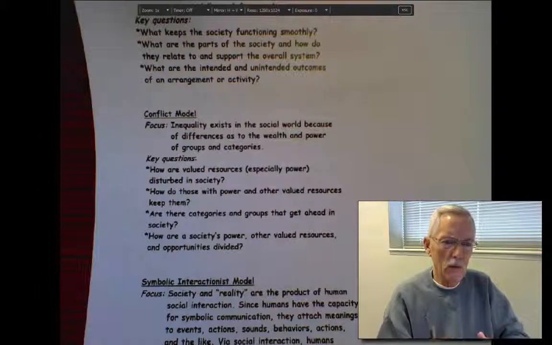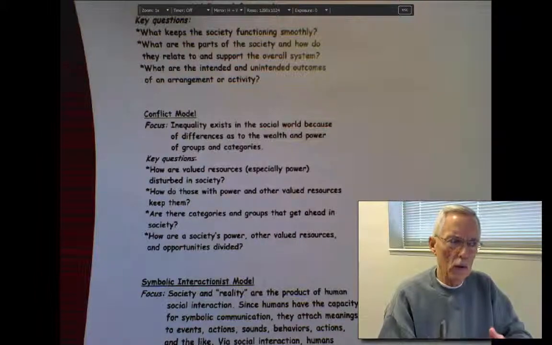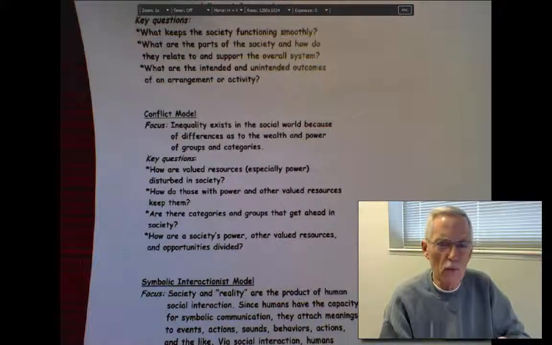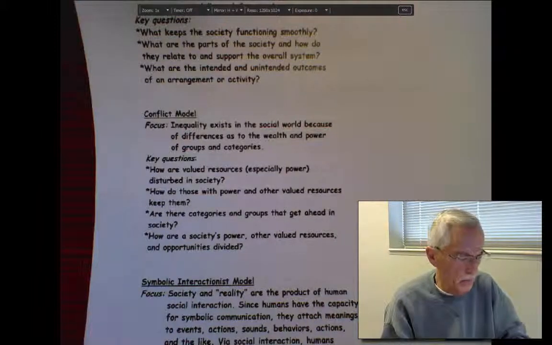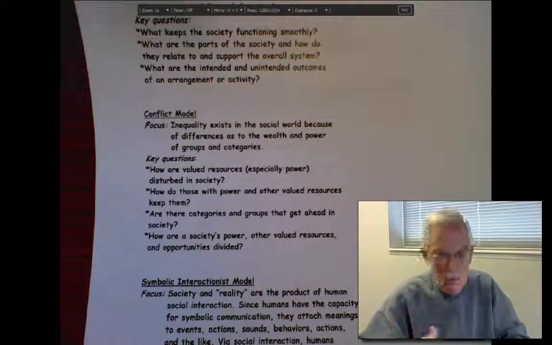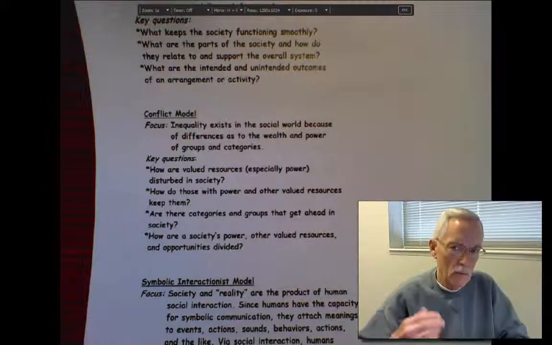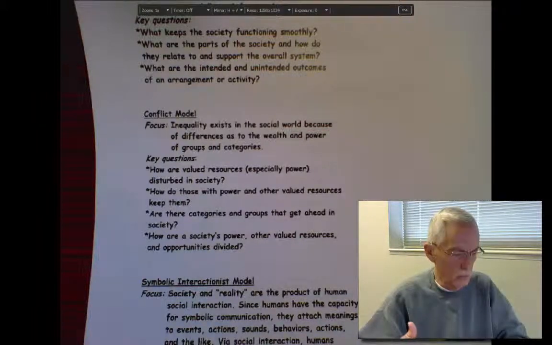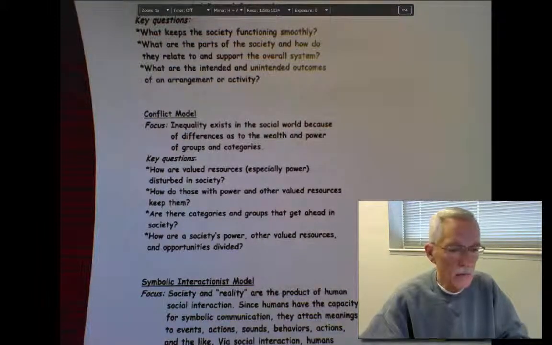Now, Karl Marx is one of a number of sociologists who really have their handprints all over this particular model. And he highlighted the fact, and later researchers have taken this a step further, that those who have valued resources, particularly power, will exploit others in a variety of different ways.